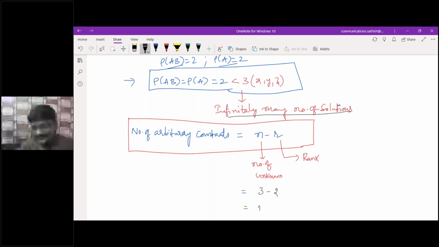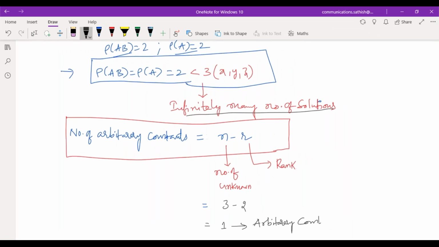Am I correct? One arbitrary constant. Yes, sir.